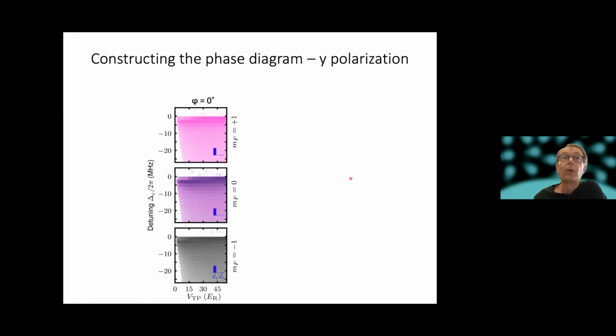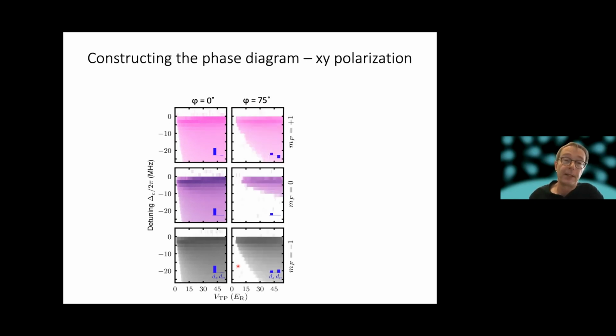What's shown here is the normal linear polarization along the y-axis, and these are the phase diagrams as shown before, detuning versus pump field, for the MF equal +1, 0, and -1 sublevel. And now we change the polarization.